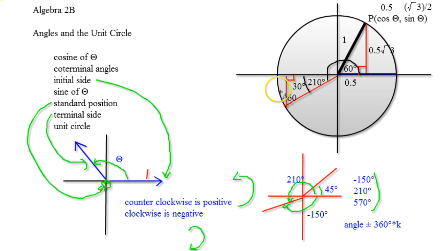Once again, this is a unit circle, so the radius is 1. That would make this side the 0.5, and that would make this the 0.5 root 3 up here.